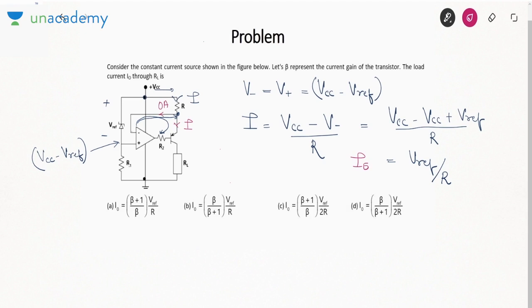But what we need is the load current. Load current is basically collector current IC, so it will be downwards. IC is beta over 1 plus beta IE, or beta over 1 plus beta times V reference by R. So it will be B. That will be the load current I naught, or you can say collector current IC.